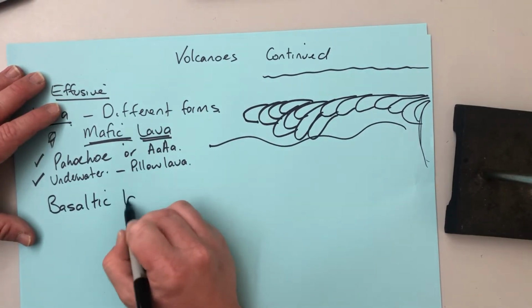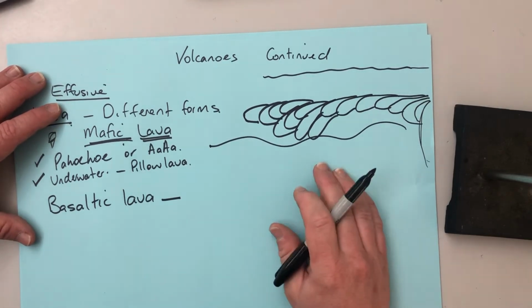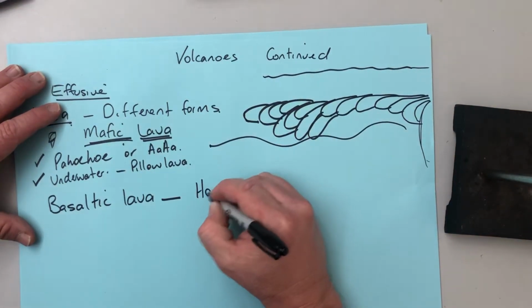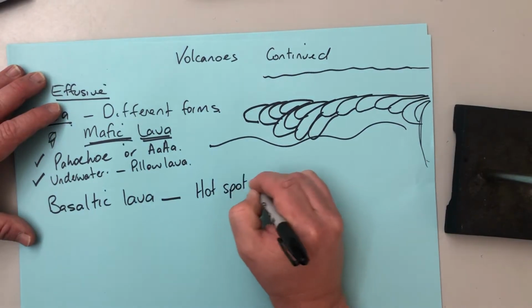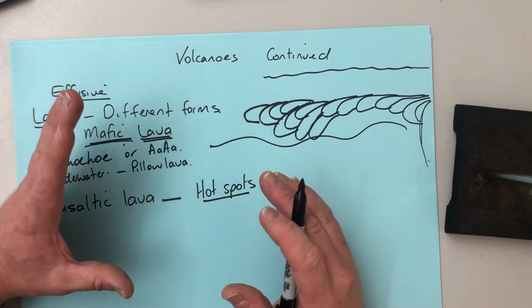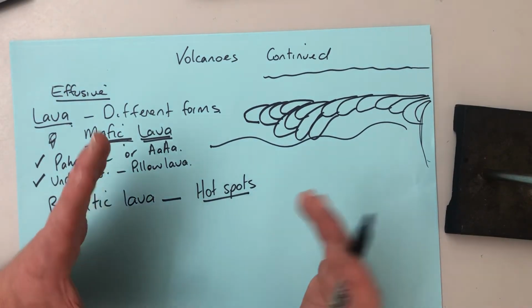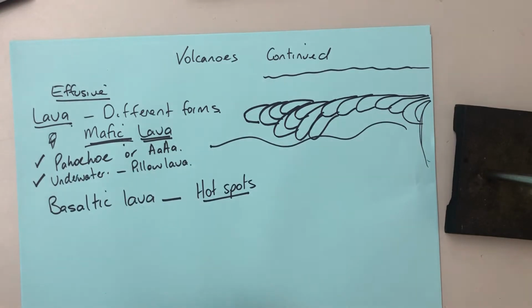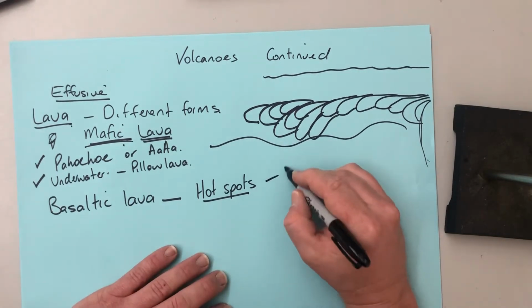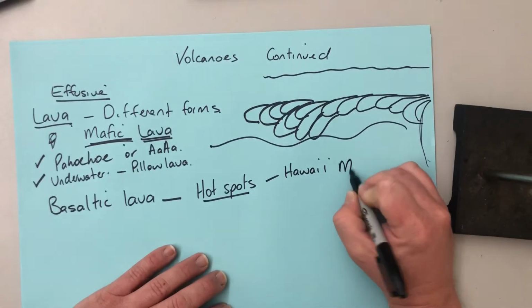So pahoehoe, aa, and pillow lava are all types of basaltic lava. And when we think of basaltic lava, there are 2 locations where we get those. Firstly, hotspots. Now, you might remember from our last video lesson, I talked a little bit about hotspots, and there's actually about 35 or 40 hotspots around the world. One of them is in Hawaii, and a mountain called Mount Kilauea.